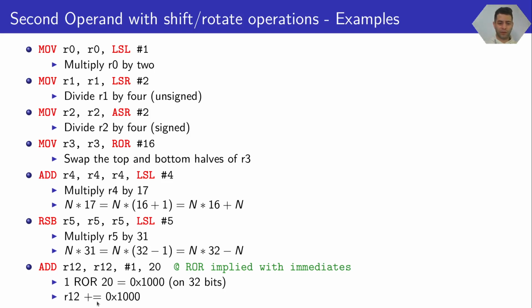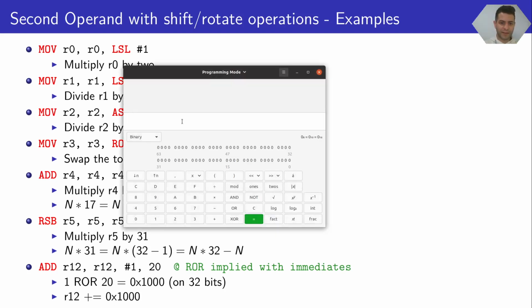Let's see this. Basically, we are getting 0x1000, and we are summing it with the previous value that was stored in R12. Let's see very fast.